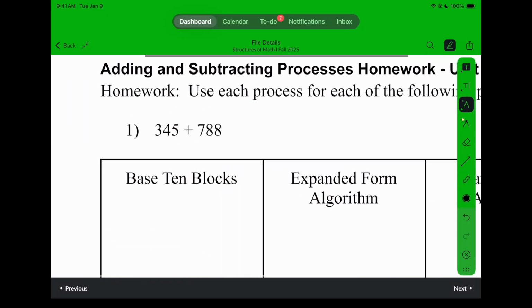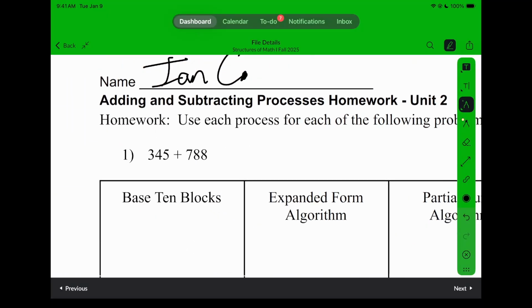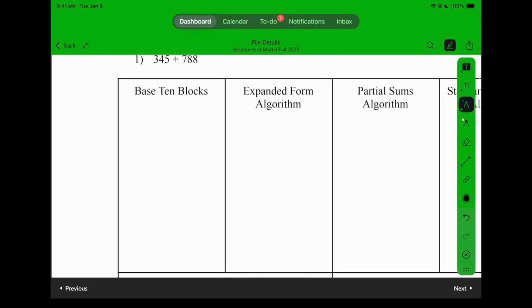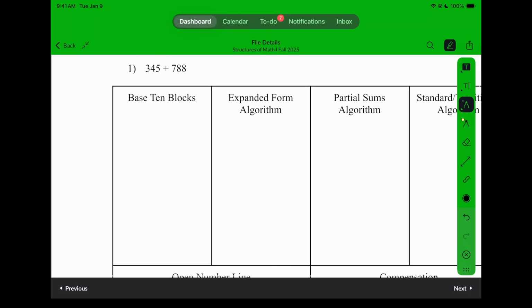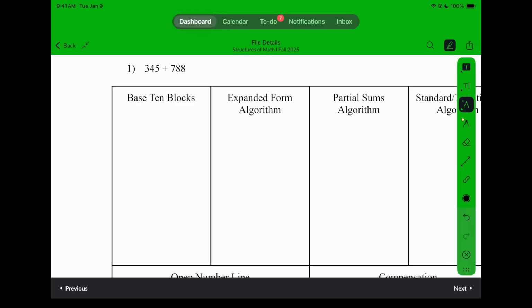Okay, addition we're going to start with is 345 plus 788 with base 10 blocks. For addition, you're first going to draw both numbers.